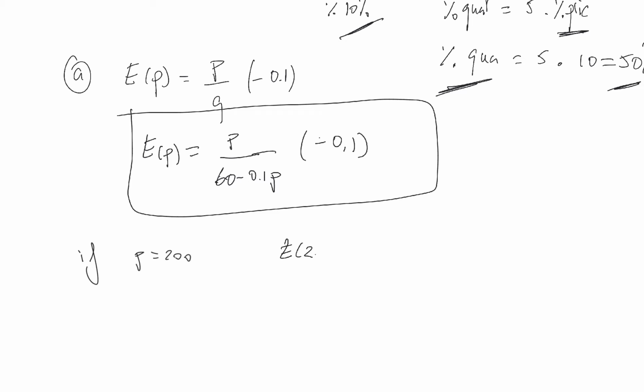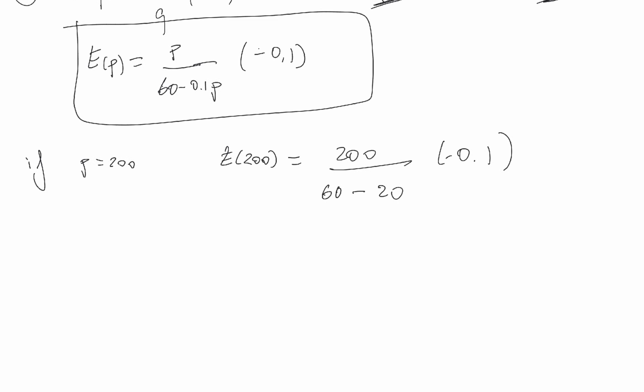E of 200 will be 200 divided by 60 minus 0.1 times 200, which is 20, multiplied by 0.1. So 200 by 0.1 is 20, divided by 60 minus 20, which is 40. So the elasticity will be 20 divided by 40, which is 1/2.